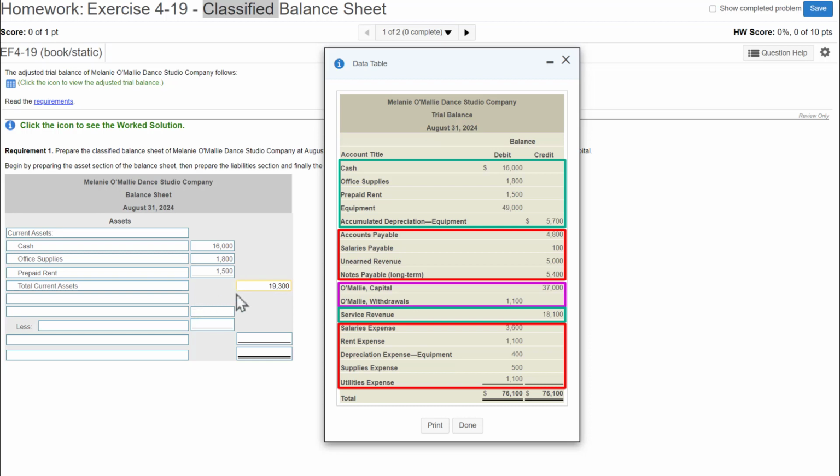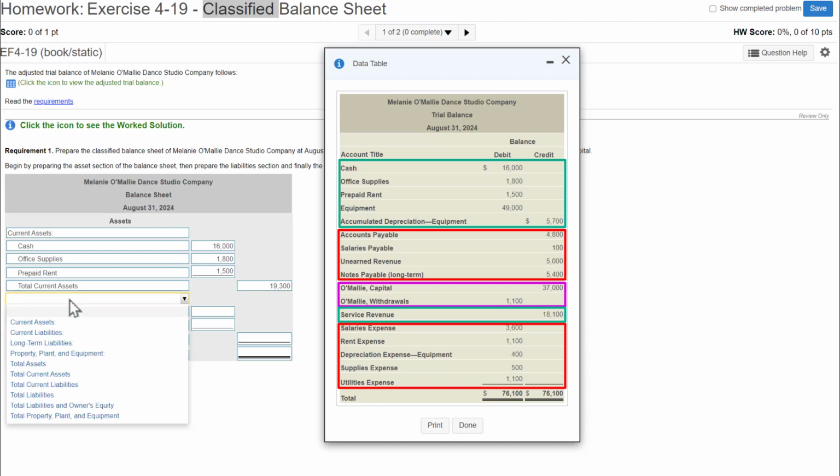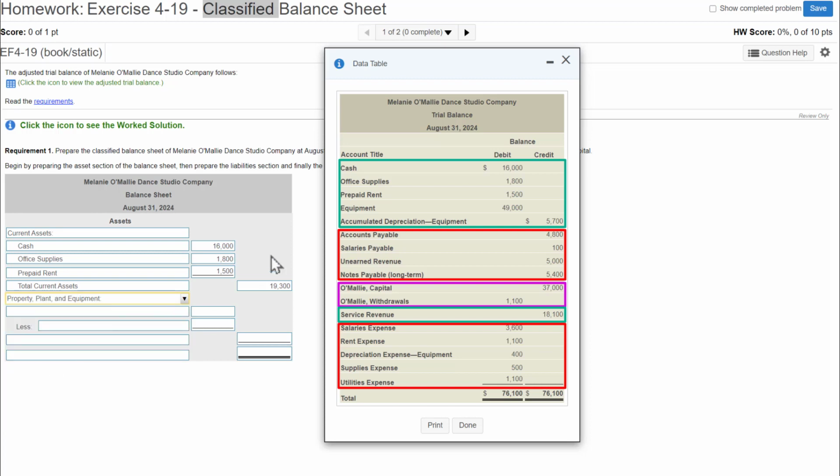So next, what's after the current asset section? It's the long-term assets, but they never call them that. They call them usually property, plant, and equipment, or PP&E. So this, we got equipment, 49,000.